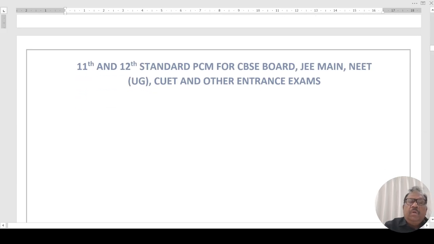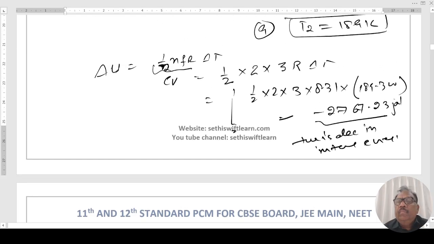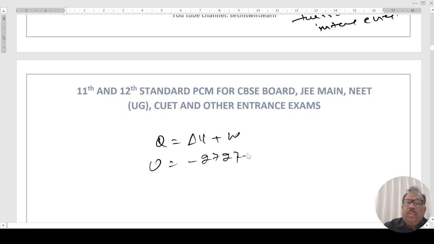Now to find work done, Q equals delta U plus W. Q is 0 as the process is adiabatic. So 0 equals minus 2727.23 plus W. Therefore, W comes out to be 2727.23 joule.